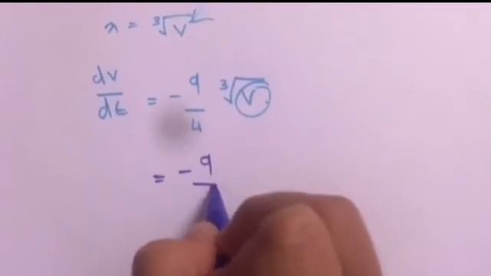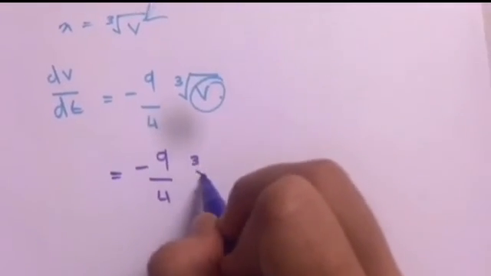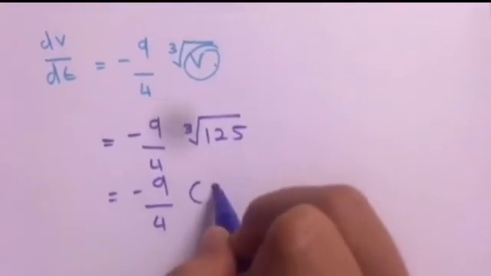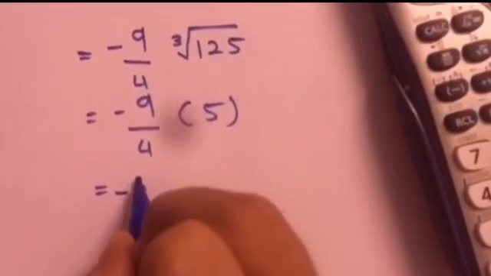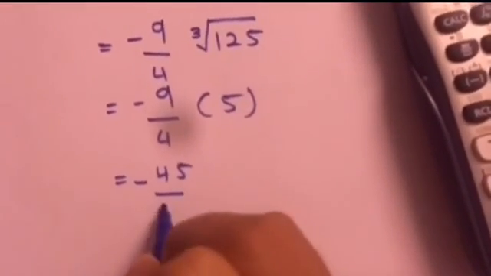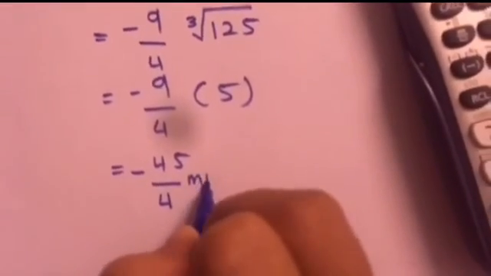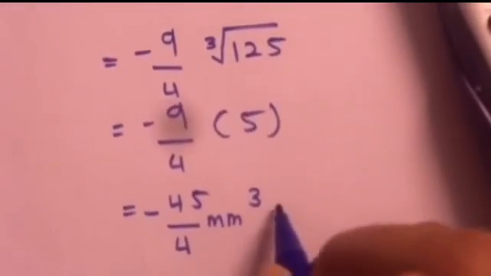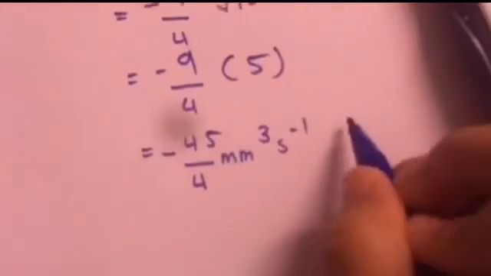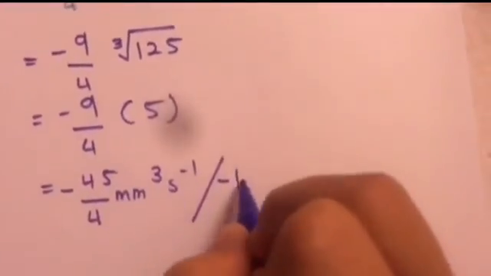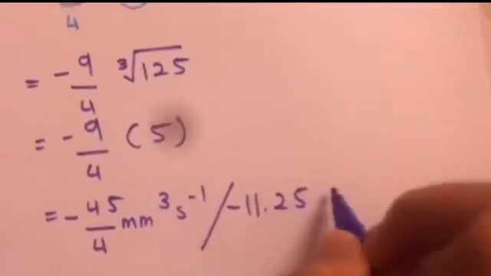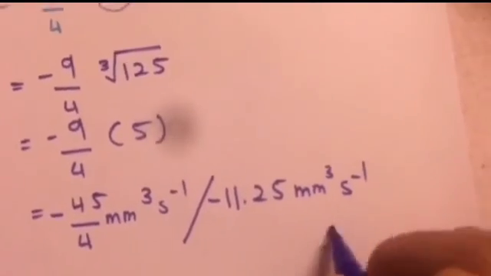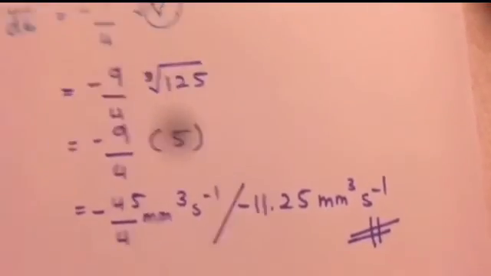Negative 9 over 4 times the cube root of 125, which is 5, so negative 9 over 4 times 5 is negative 9 over 20... in the speaker's working, negative 45 over 4 millimeters cubed per second, or negative 11.25 millimeters cubed per second. So we are done.